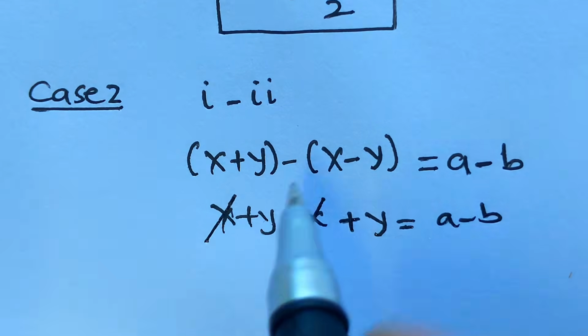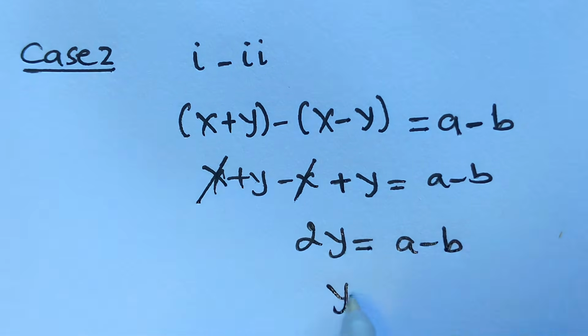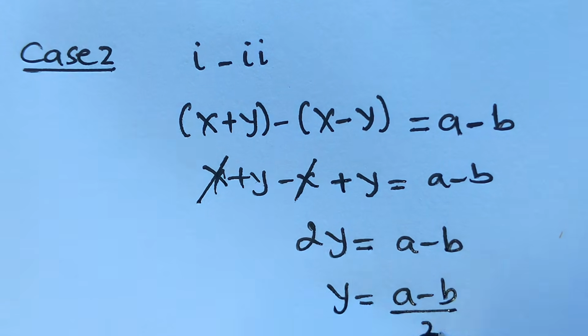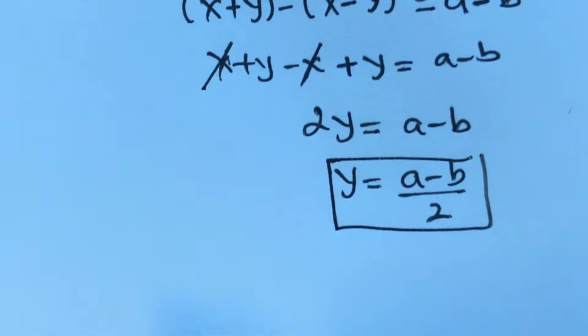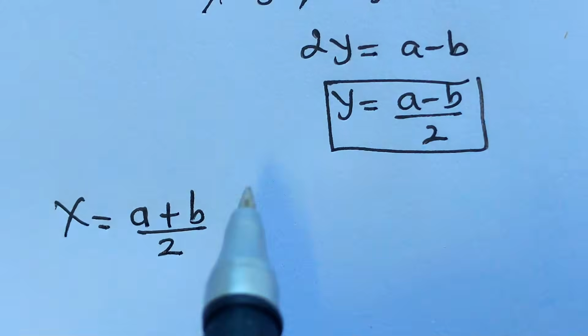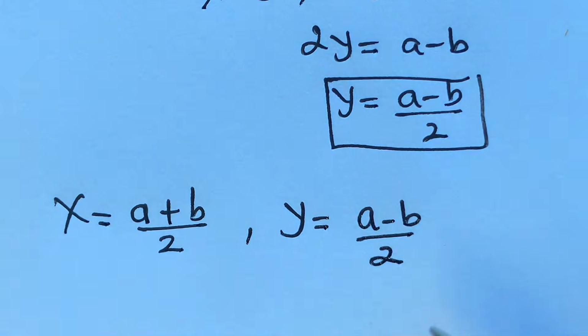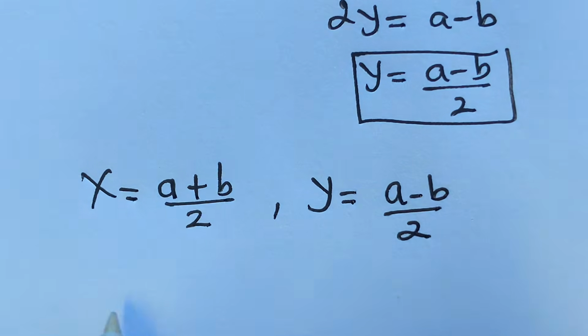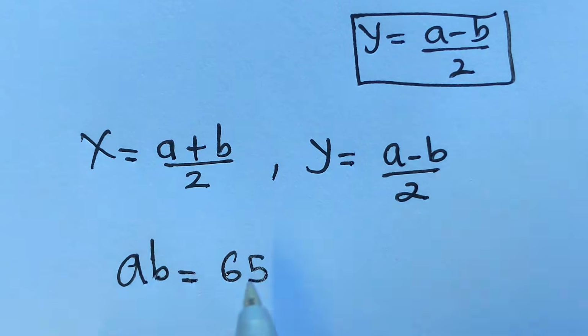Here the x terms cancel to get 2y equal to a minus b, so y will be (a minus b) over 2. This gives the values of x and y: x equals (a plus b) over 2, and y equals (a minus b) over 2. And you have seen that a times b equals 65.